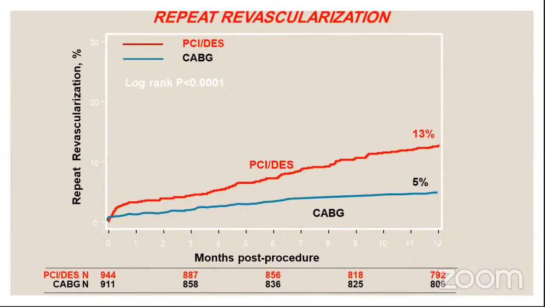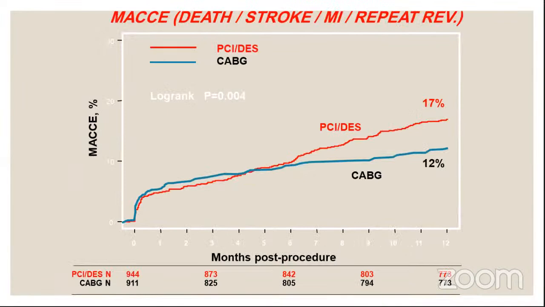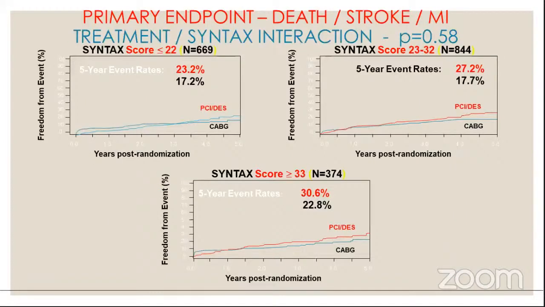Regarding the repeated revascularization rate after 1 year, patients who have been revascularized with PCI have a rate of 13%, and the CABG group 5%, which is also statistically significant. The total MACE rate comparing the two groups, PCI patients had a rate of 17%, and CABG patients had a rate of 12%.